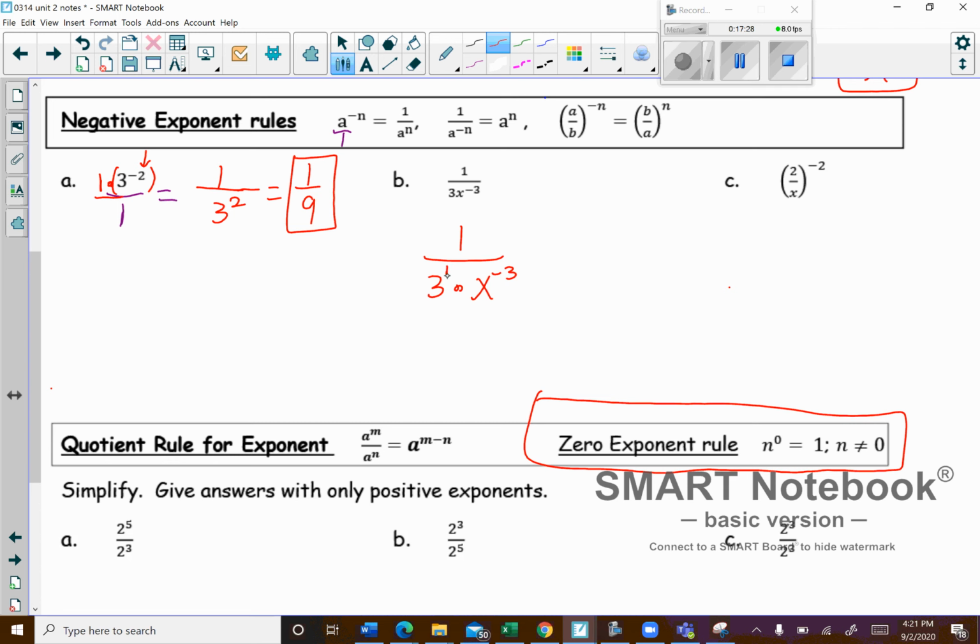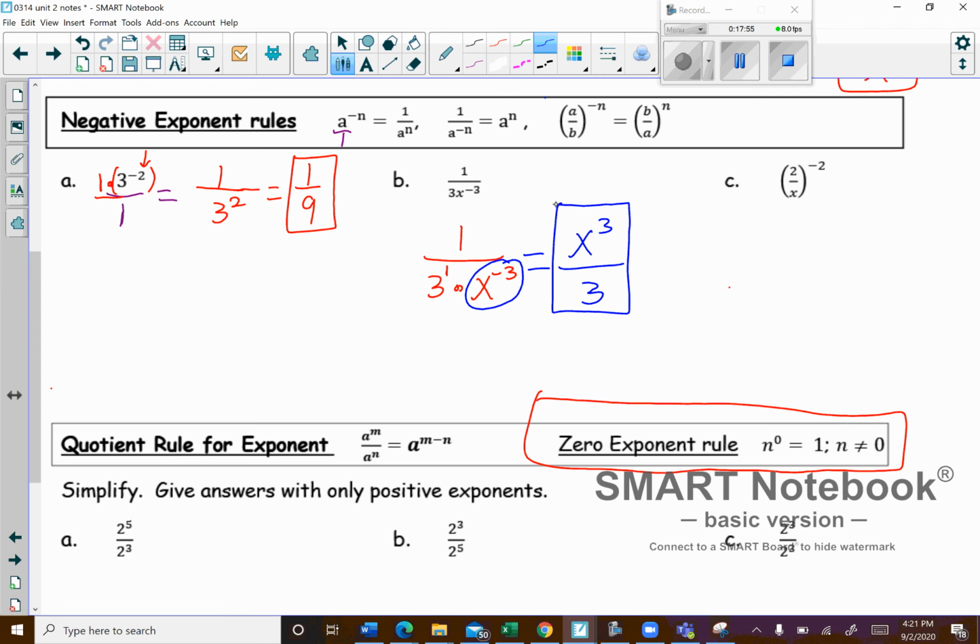That 3 has an understood power of 1, which is positive. So there's nothing wrong with that 3. But we do want to fix this. So this guy's going to flip to the top, and now his exponent becomes positive. And on bottom, that 3 is going to stay there. You could put a 1 right there, but times 1 is not going to change anything, so we typically don't worry about putting the understood 1.